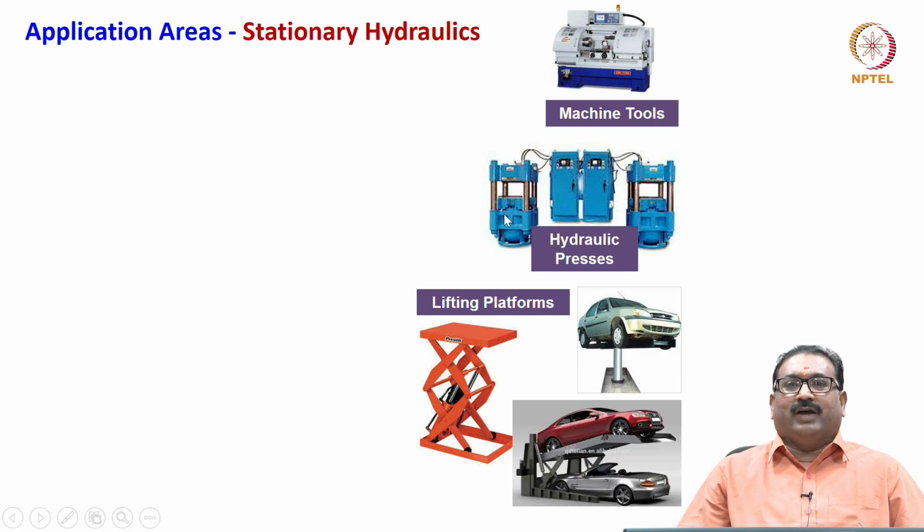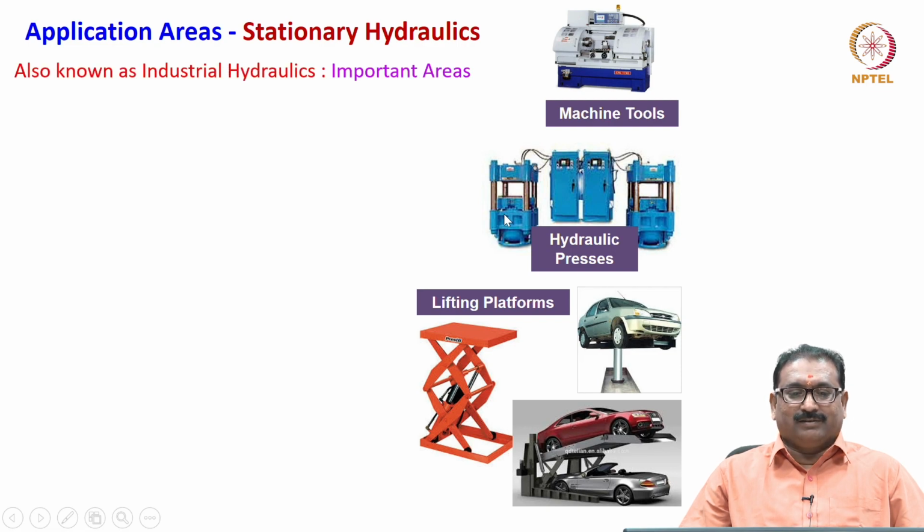Another way of classifying the hydraulics and pneumatics application areas: application areas corresponding to stationary hydraulics, meaning here the power pack cannot move from one place to another. Large numbers of applications are there in stationary hydraulics.